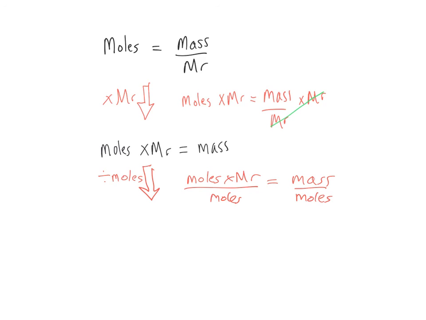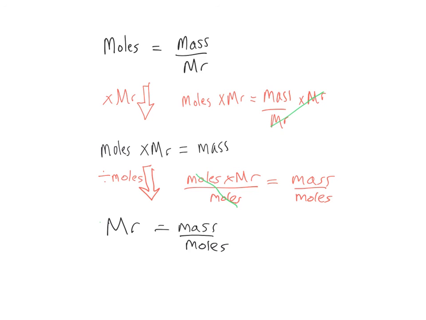And when we cancel out moles divided by moles over here, they disappear. We're going to be left with MR is equal to mass divided by moles. So here are the three different forms of the equation that you might need to use. MR equals mass over moles, mass equals moles times MR, or moles equals mass divided by MR.